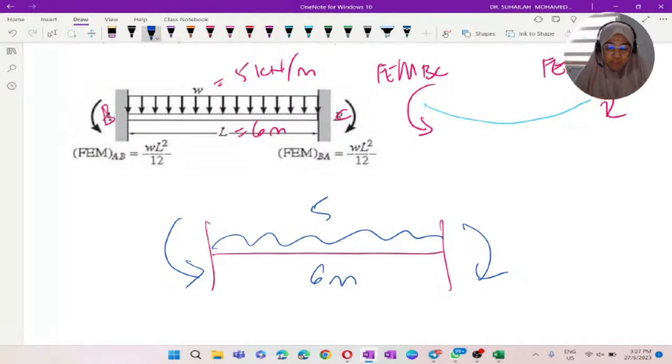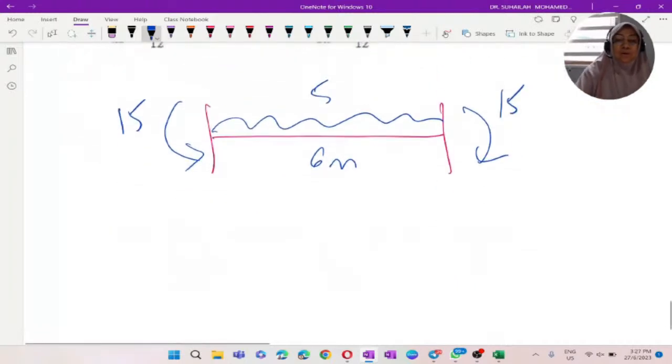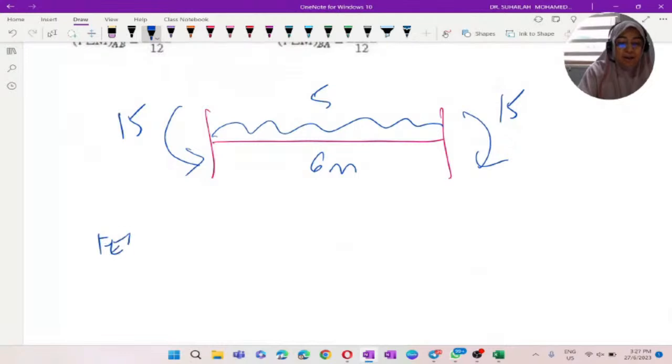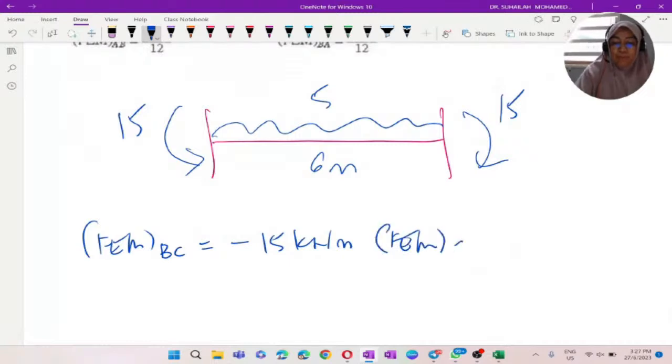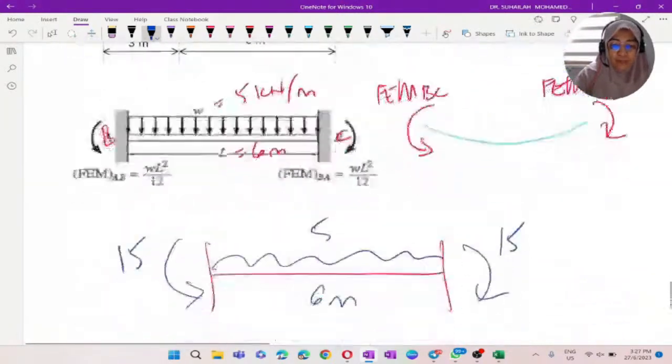W is 5, L is 6, WL squared over 12, we get 15. So what is the value? FEM for BC is equal to negative 15 kilonewton meter, and FEM for member CB is positive 15 kilonewton meter.